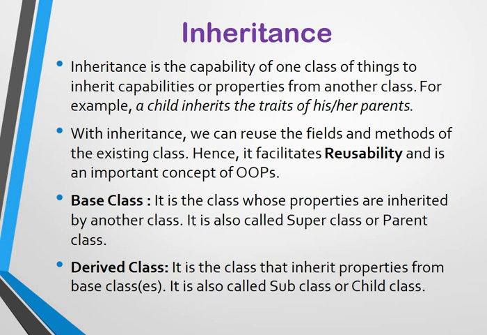The principle behind this sort of division is that each subclass shares common characteristics with the class from which it is derived. So here there are two things related to inheritance: one is the base class and the second one is the derived class.